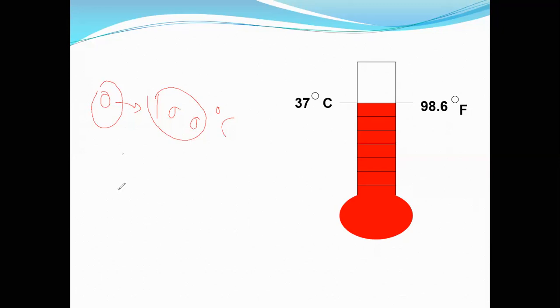So Kelvin is our scientific way to measure temperature, and it has degrees from 0 up to 373.